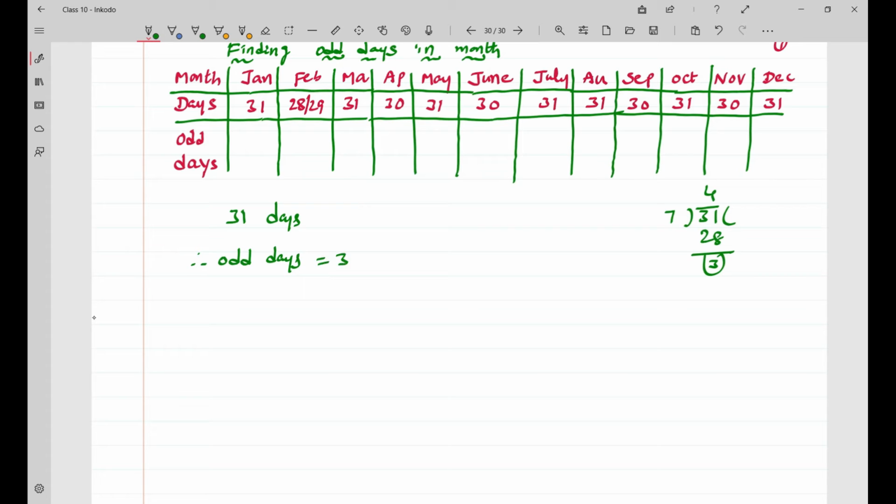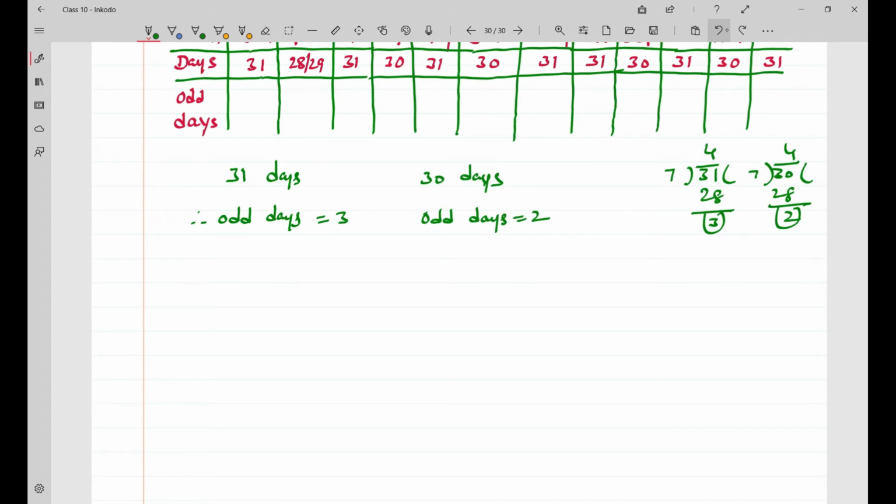equal to 3. When there are 30 days, the same method will apply. 30 divided by 7, we will get remainder 2. So odd days equals 2. When there are 28 days, 28 is exactly divisible by 7.